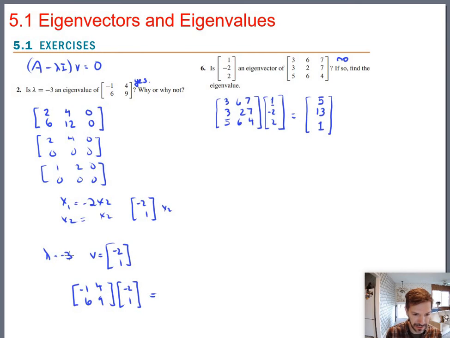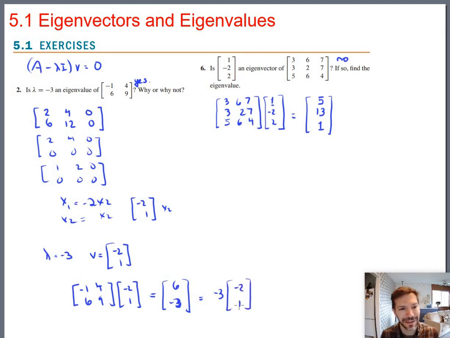So it should produce 6, negative 3. Let's find out. So negative 2 times negative 1 is positive 2. 4 times 1 is 4, so that makes 6. This becomes negative 12 plus 9, negative 3, which is indeed negative 3 times negative 2, 1.